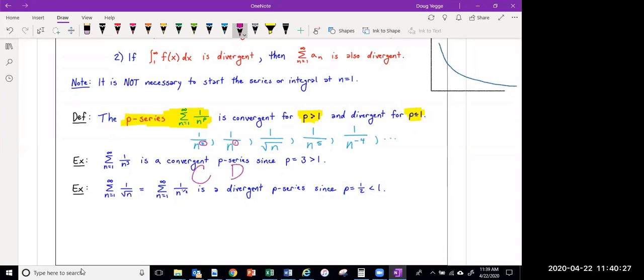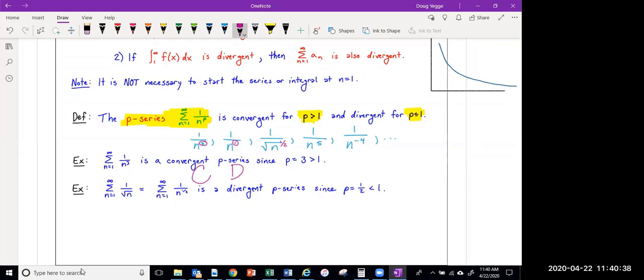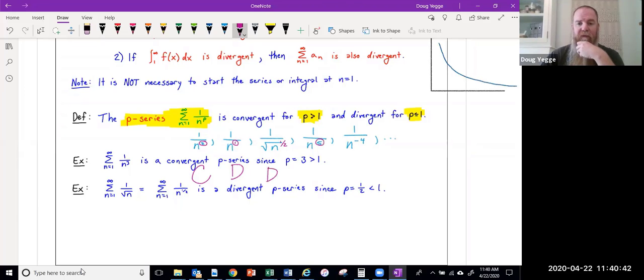It diverges, and from our video last night, it was a harmonic series. But now we recognize that this power is n to the 1/2. What do we notice there? It diverges, because that's less than 1. But wait, this is 5. That's greater than 1, so it converges. But this value right here is less than 1, so it diverges.